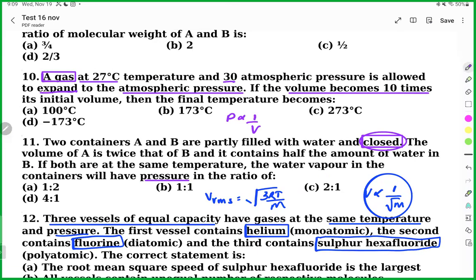So number of moles will be same. And if number of moles is same, according to PV is equal to nRT, R is constant, number of moles are constant. So nR will be equal to PV by T. Pressure is changing, volume is changing, temperature is also affected. So P1 V1 by T1 will be equal to P2 V2 by T2.